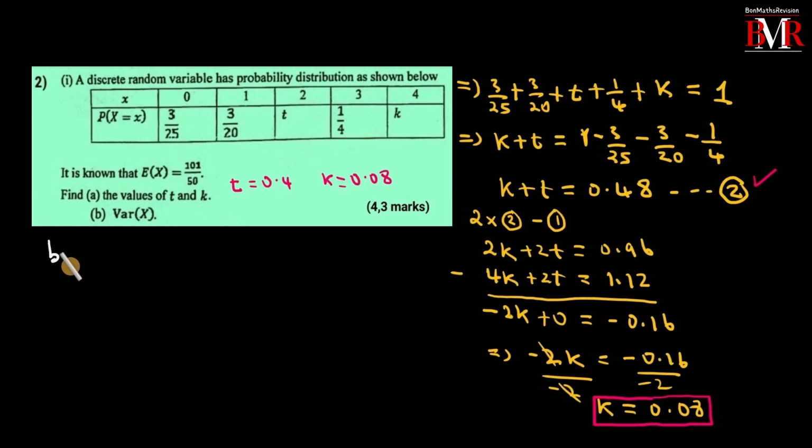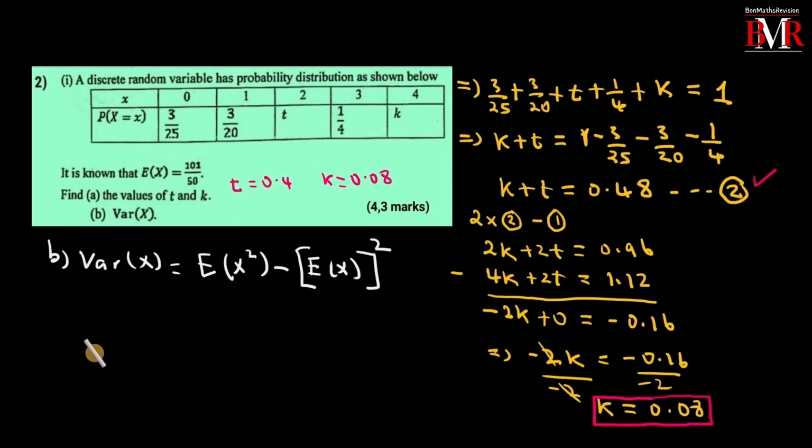Now b, the variance of x. You know the formula to calculate Var(X) is E(X squared) minus E(X) all squared. Now, from the equation, E(X) is 101 over 50, but I don't know E(X squared), so I need to calculate it. I know the formula to calculate E(X squared) is the summation of all x. All x here is from 0 to 4.